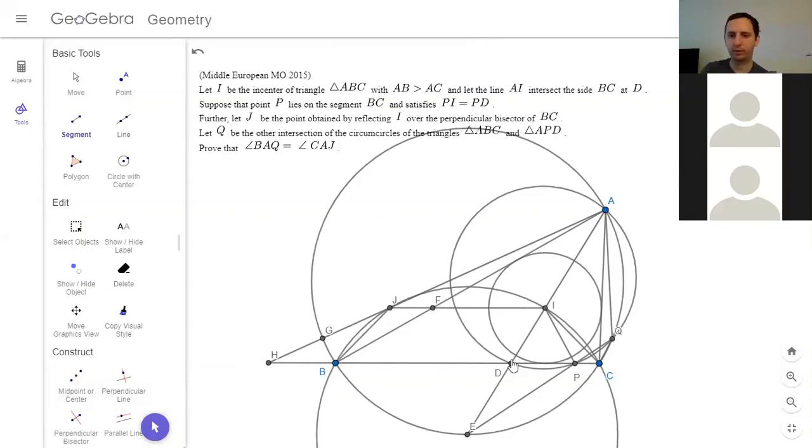The real question is, if we can prove that AHEP is cyclic, then it's just angle chasing.